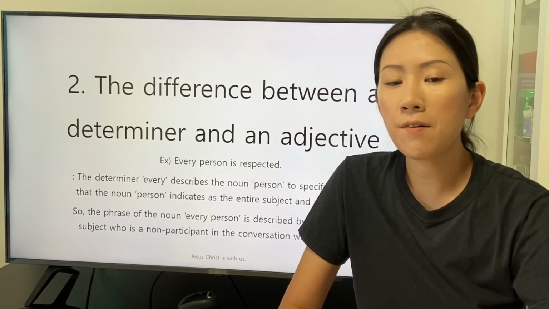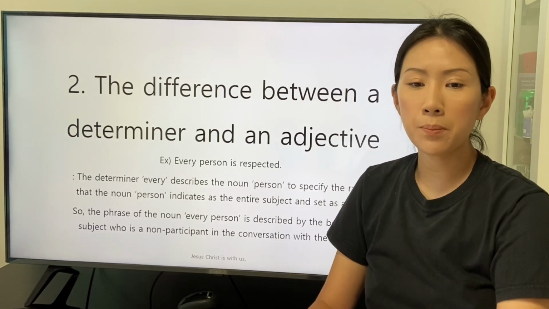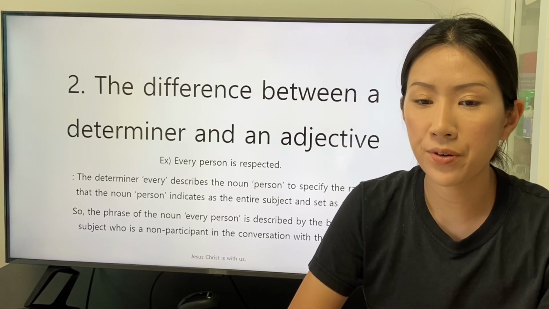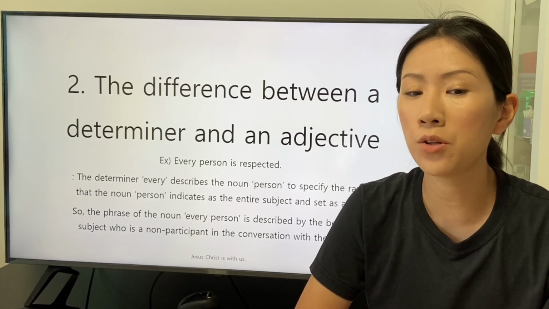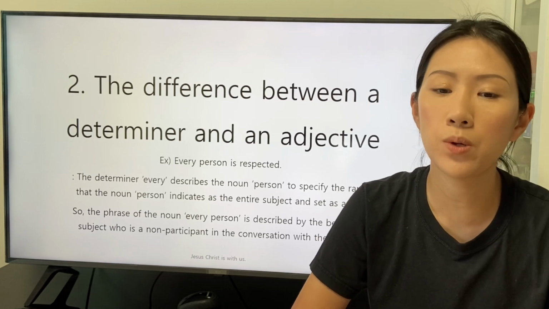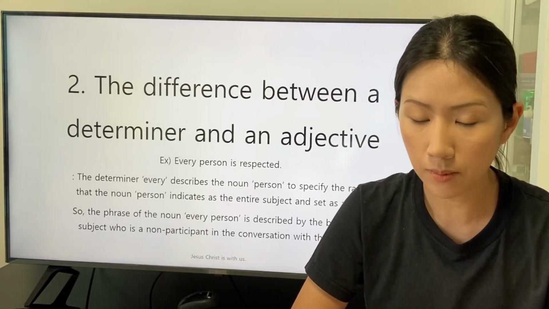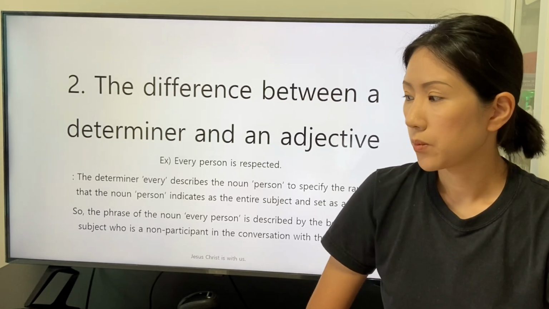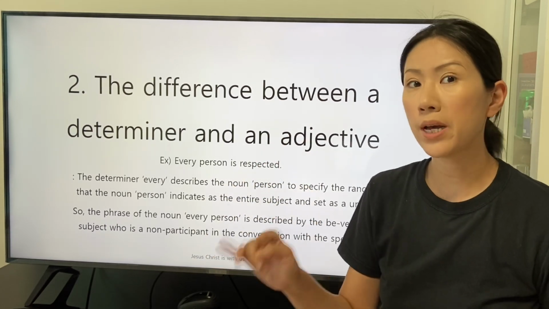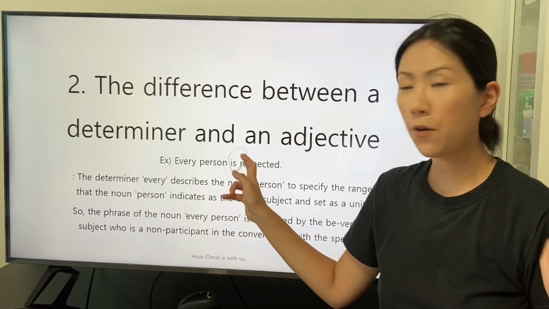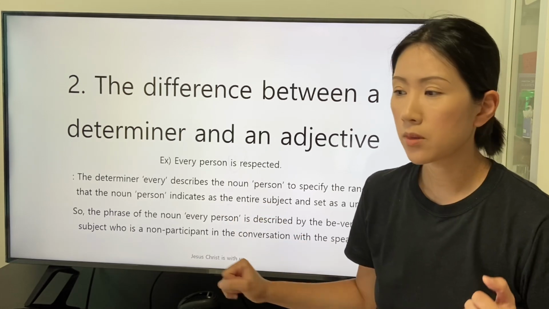So the phrase of the noun every person is described by the be verb as the subject who is a non-participant in the conversation with the speaker. This description is about the reason why the speaker applies the form of the be verb is.